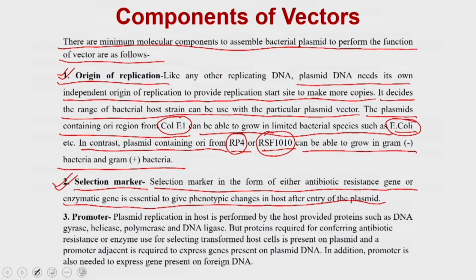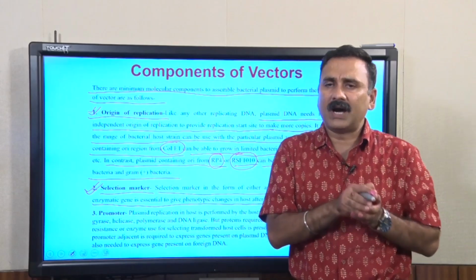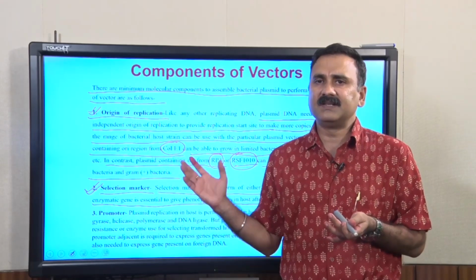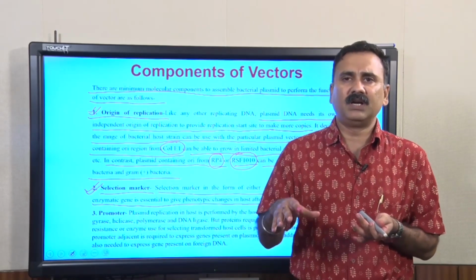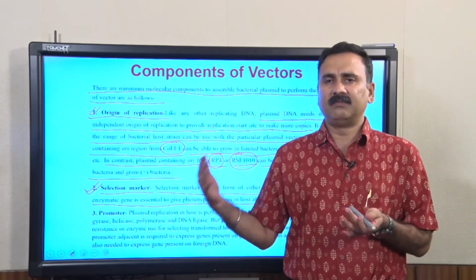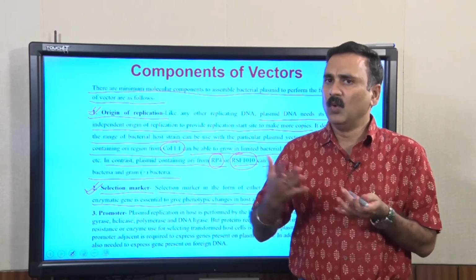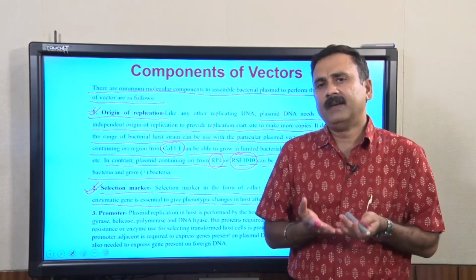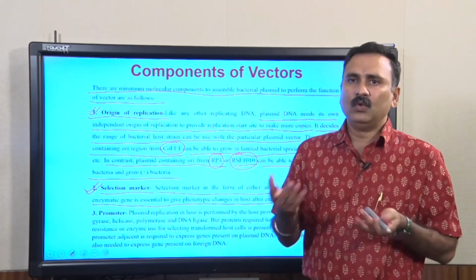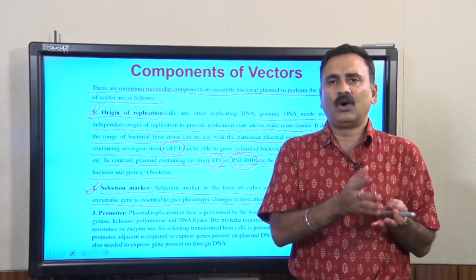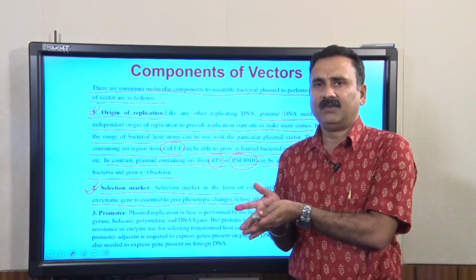There is no hard and fast rule that you always have to use antibiotic resistance genes as the selection pressure. You can use any other selection pressure. For example, as we discussed in the previous slide, you can use blue white screening as well, where an enzyme is used to distinguish between the host which has taken up the vector and the host which has not taken up the vector.